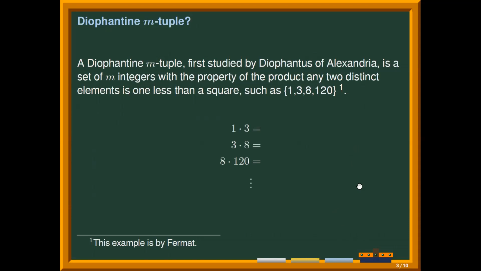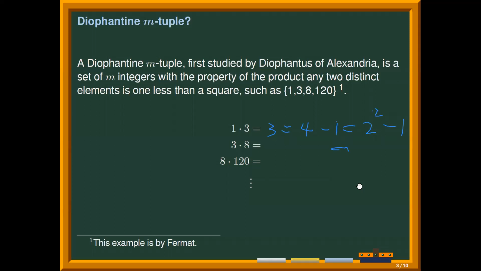Well, we can calculate some products of distinct numbers. 1 times 3, the first pair of distinct numbers, is 3, which is 4 minus 1, which is 2 squared minus 1. So in the first example, the product of the first two distinct elements is one less than a square.